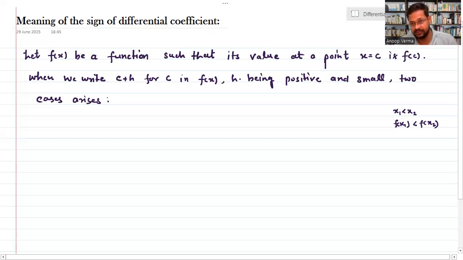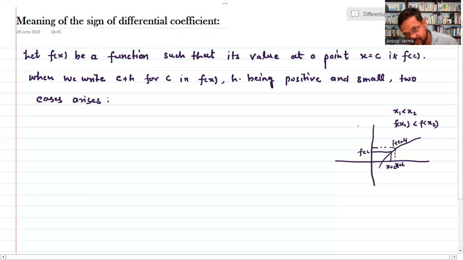You can see by the graph, if you have some function that looks like increasing, and you have the value of the function at the point x equals c, and a little bit to the right is the point c plus h, with function value f(c plus h), and the value at c is f(c). Here you can clearly see that f(c plus h) will be greater than f(c).